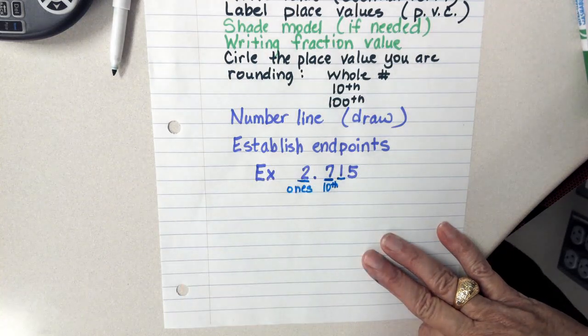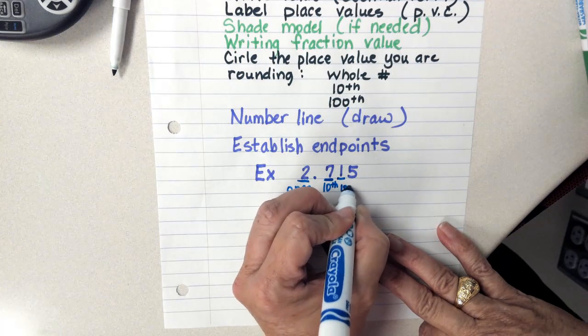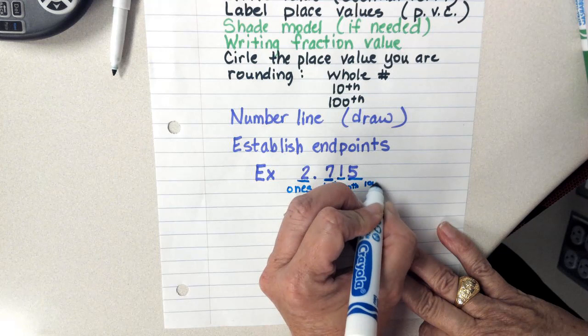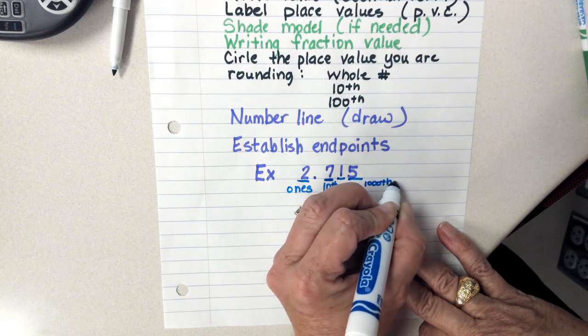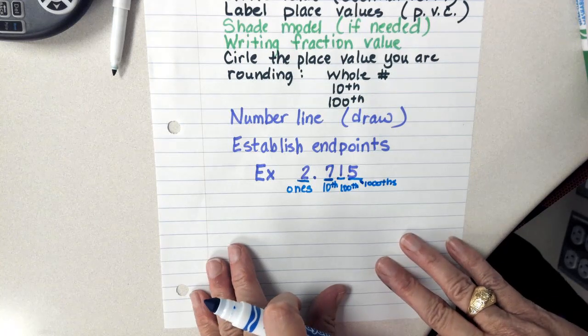And the 1? Hundredths. And finally the 5 is in the thousandths. It's kind of crammed. Okay?